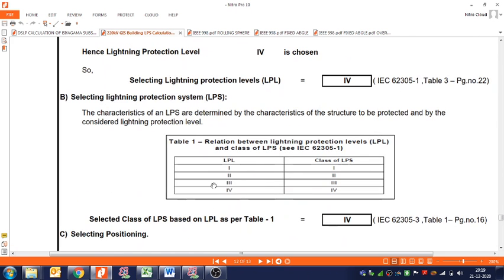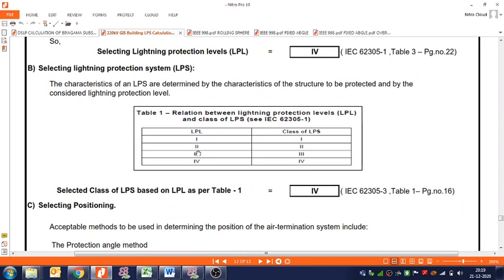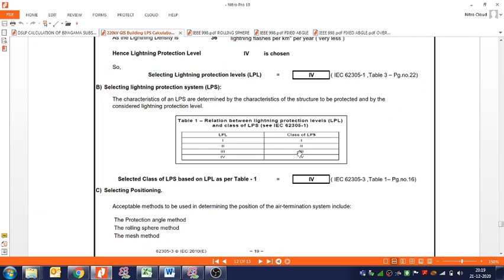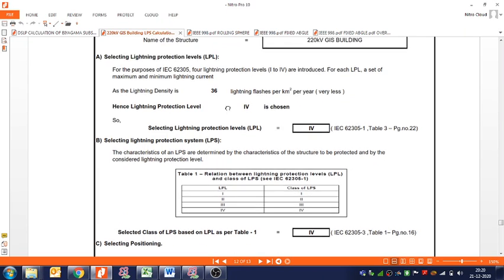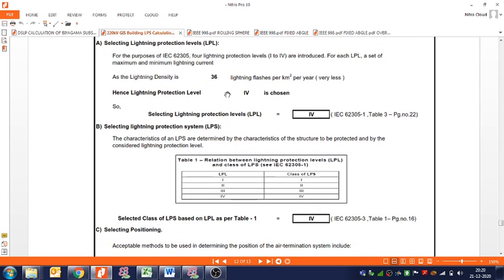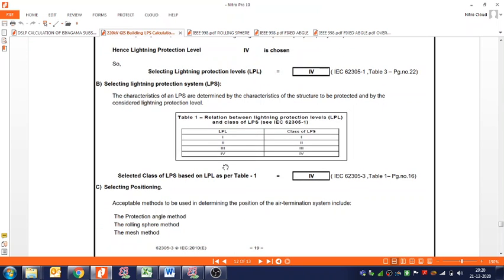As we can see here, lightning protection levels 1, 2, 3 and 4, total 4 classes, and which class we choose depends on the lightning density value. So in my case, based on the location of the substation, the lightning density was very low, 36. So when the lightning density is small, then we start from class 4, and if higher, then we start from class 3.